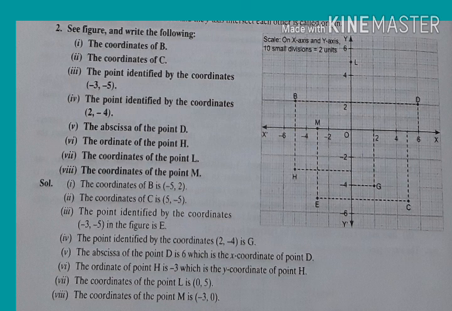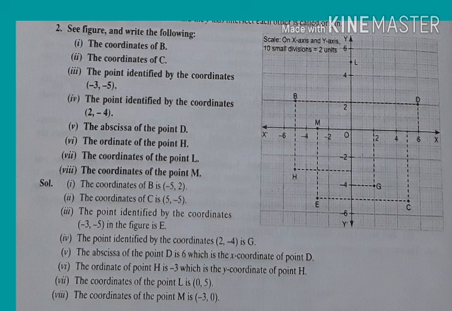Write in brackets. Now the third sub question is, the point identified by the coordinates negative 3, negative 5. So from the graph we want to identify the point which denotes the coordinates negative 3, negative 5. So on the x-axis negative 3, on the y-axis negative 5. Which is that point? Look at the graph and say.